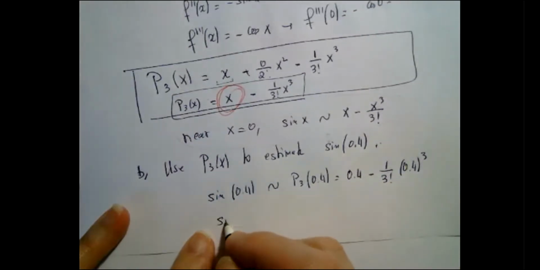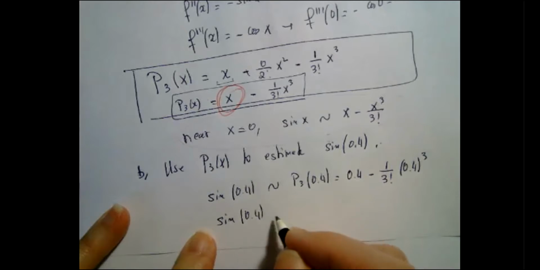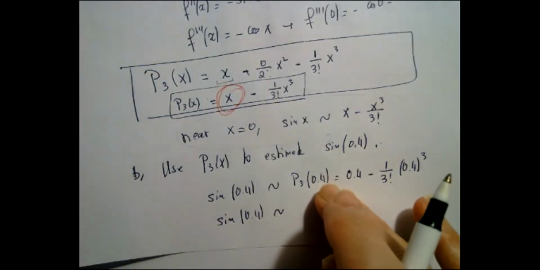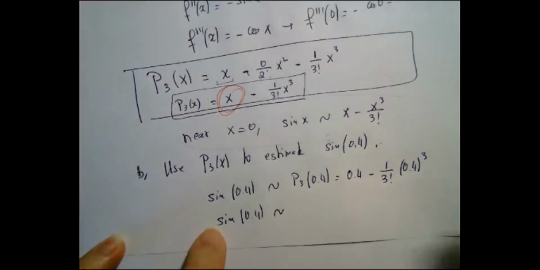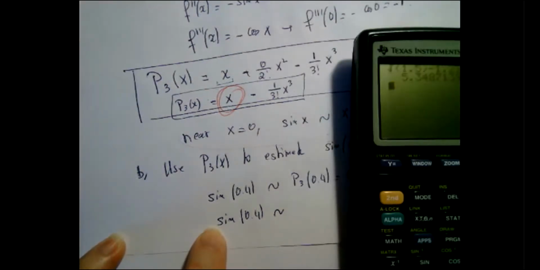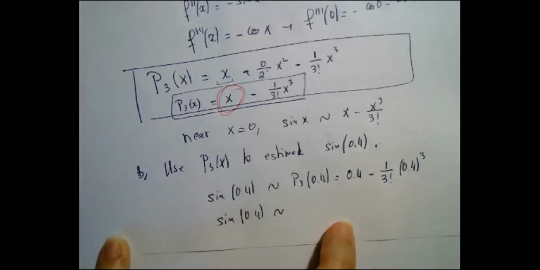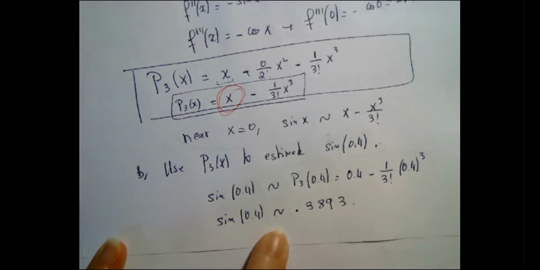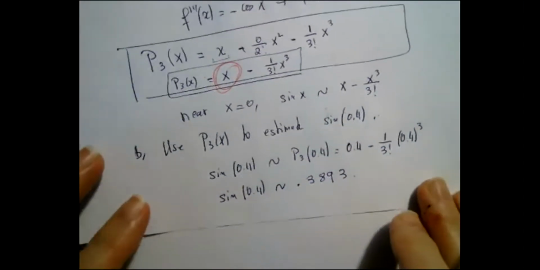So sine at 0.4 is almost equal to, now I don't think I evaluated that term at all, so I can just plug into my calculator: 0.4 minus 0.4 to the power 3, divided by 6. So I'm getting 0.3893 repeating.